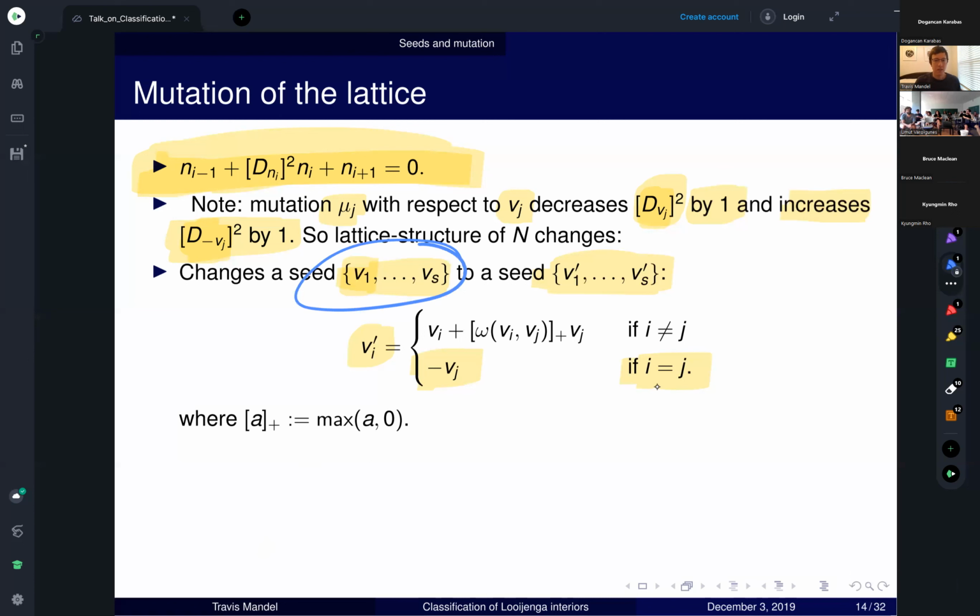Okay, so S for N's and S for B's is different. That's just a typo. I see what you're saying. So you can choose your fan to include all of the rays generated by the v's and also maybe some additional rays.